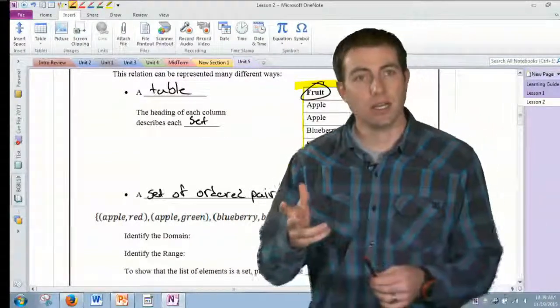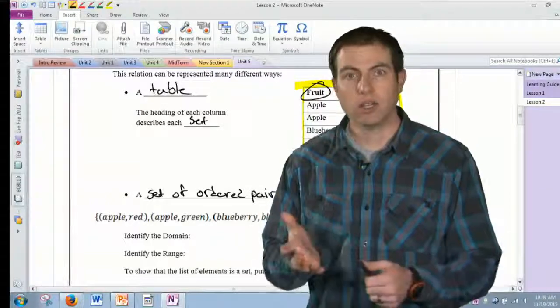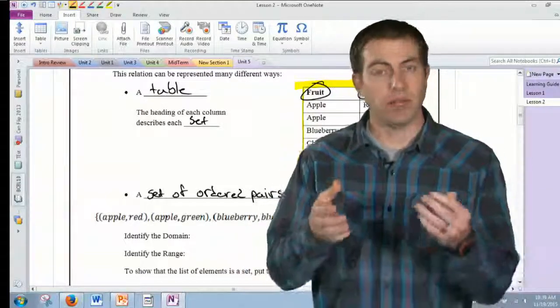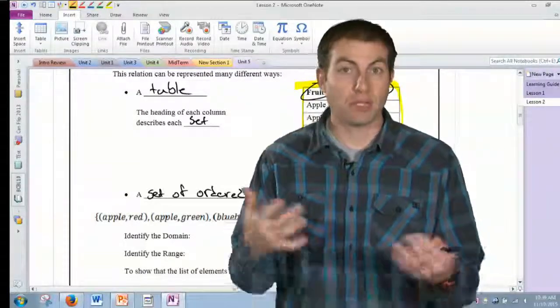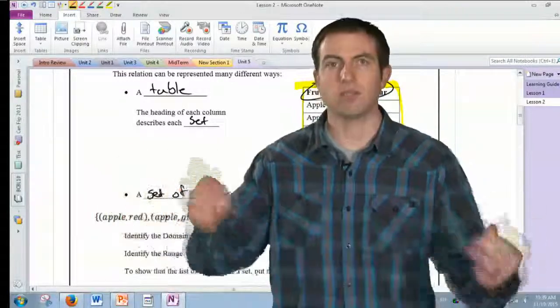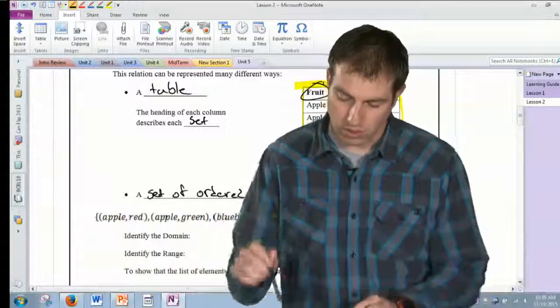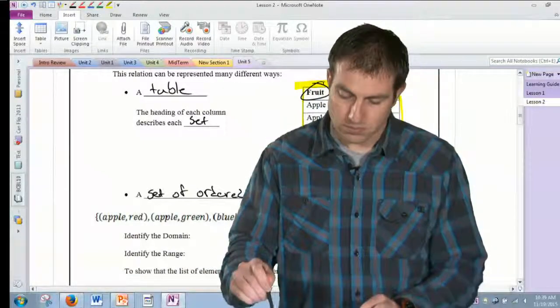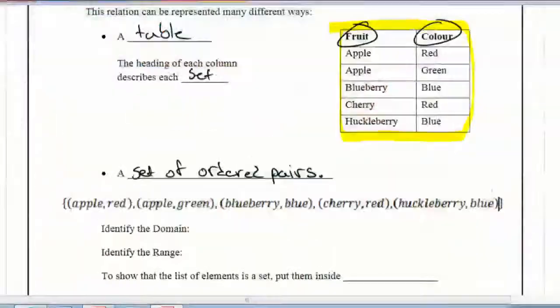But in this example we're dealing with today, we're not going to deal with X's and Y's. We're dealing with 2 sets of things. Generally speaking, we'll deal with numbers, but to ease into it, we'll deal with objects to begin with. So our set involves fruit and then its possible color. So rewriting everything in the table up above, we're just bringing all this stuff down.